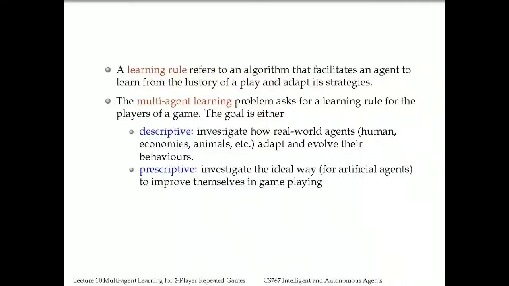Also, we have another very important goal, which is more engineering focused, more prescriptive. This is to investigate the ideal way for an artificial agent to improve itself in playing games. And this could be developing the best chess playing algorithm in the world, or developing some sort of bots that are able to place bids on the internet and so on.